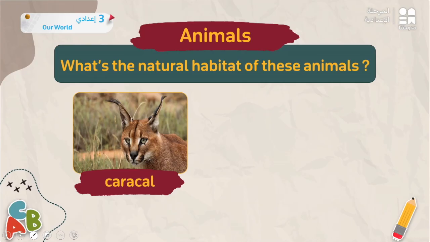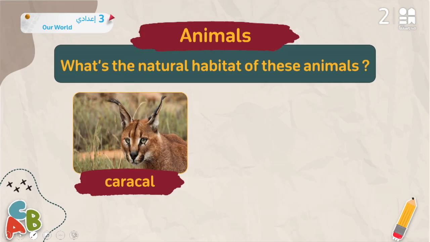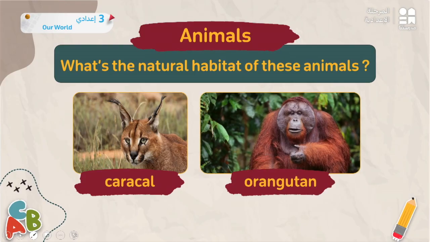مين يقدر يعرف natural habitat أو البيئة الطبيعية بتاعت caracal from the vocabulary words that we've just discussed من natural habitats اللي لسه حالا متكلمين عنها. Of course it lives in the grassland اللي هي المراعي. حتى في الباك جراوند I can see grassland اللي هي المراعي أو الأراضي العشبية. How about this animal?